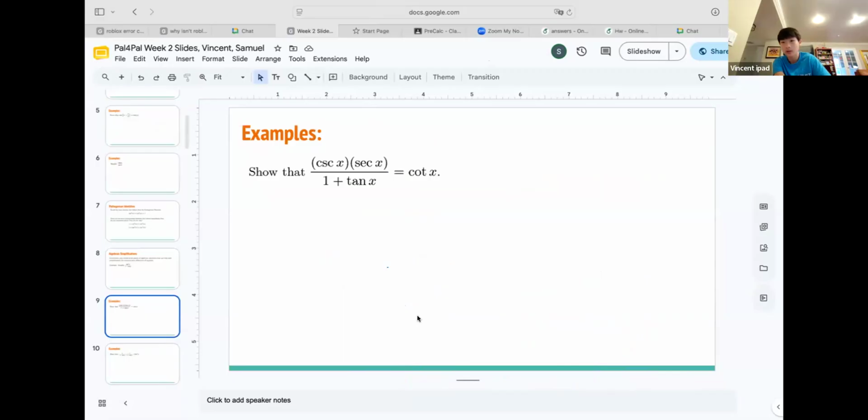Next one, does anyone know how to do this problem? Or actually, you guys can take a minute to solve this and DM me once you get the correct answer. Also, don't DM to my iPad because I can't see chats on there.